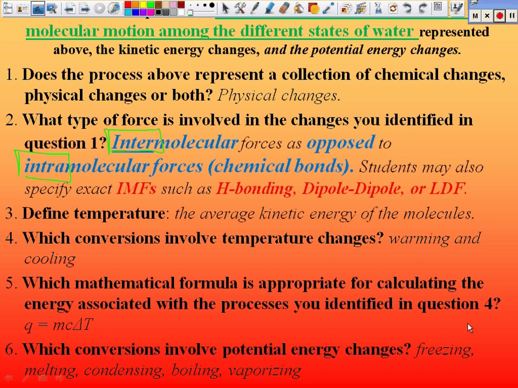Because you've got to remember, is there a specific amount of energy required to change a substance? Yes, and that's what specific heat is. Okay. And then which conversions have potential energy changes? All of them. All of them. Freezing, melting, condensing, boiling, vaporizing. All those are opposites of each other.